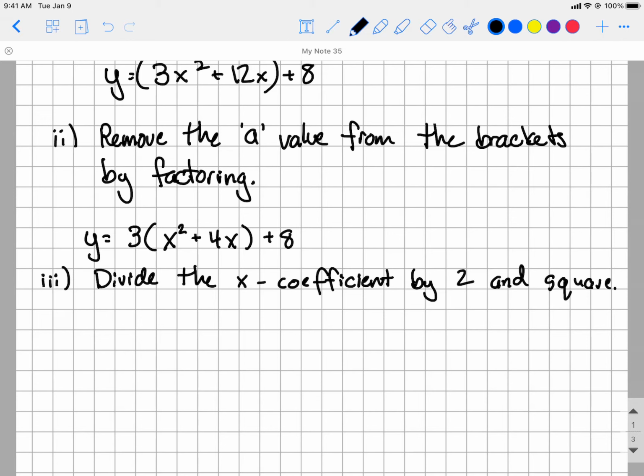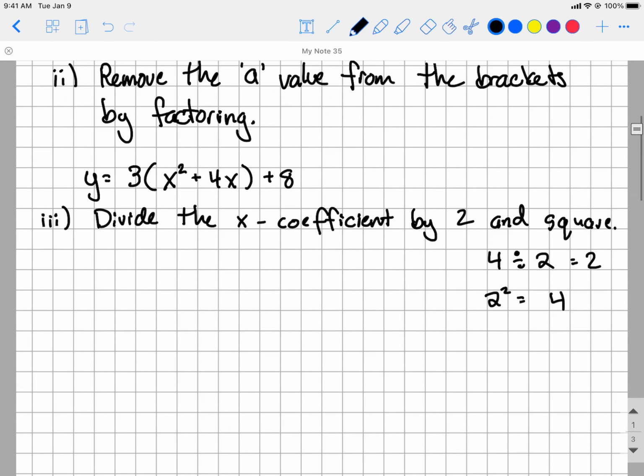So in this case, that's going to be 4 divided by 2, which is 2, and then 2 squared, which is just going to take us right back to 4. So we've got y equals 3 times x squared plus 4x, and then just like before, we're going to add and subtract that 4 that we got inside of our brackets.